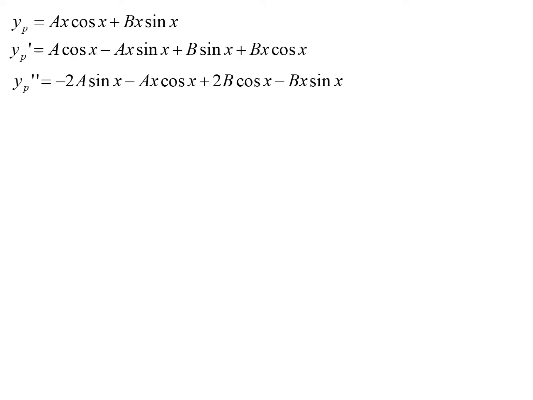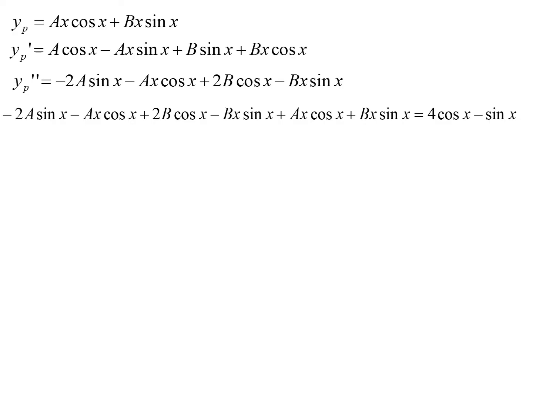So it was y double prime plus y equals 4 cosine x minus sine x. So negative 2A sine x minus Ax cosine x plus 2B cosine x minus Bx sine x, that's our yp double prime, plus Ax cosine x plus Bx sine x, that's our yp, has to equal 4 cosine x minus sine x.